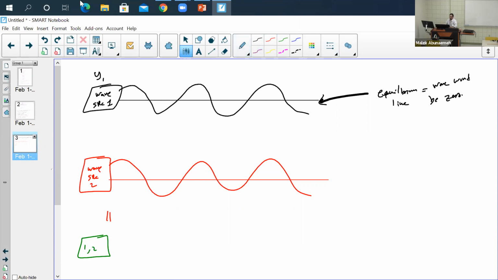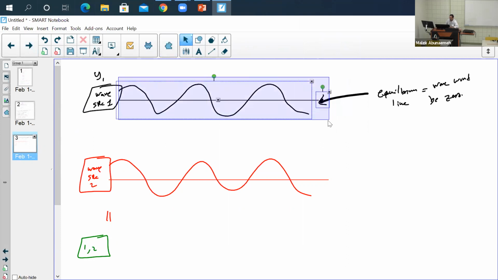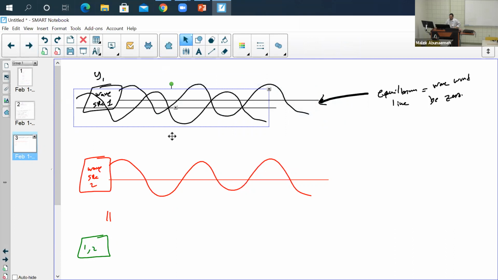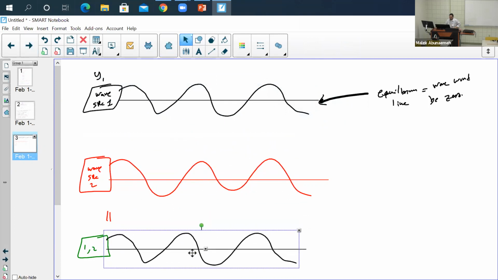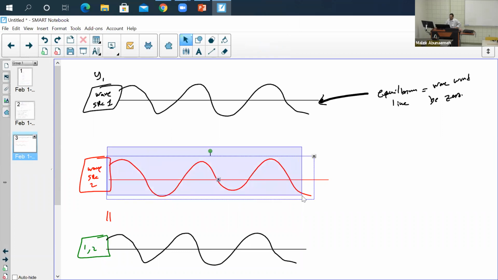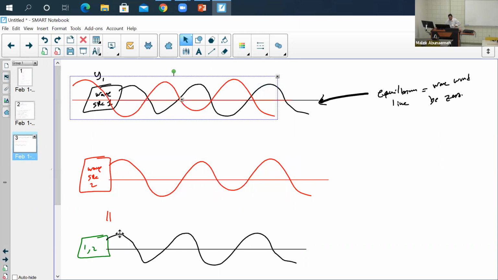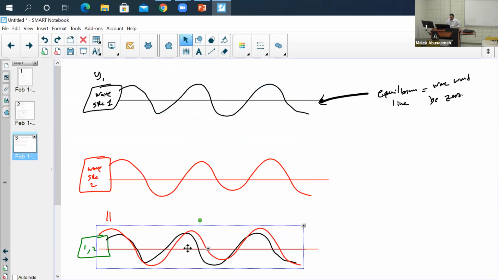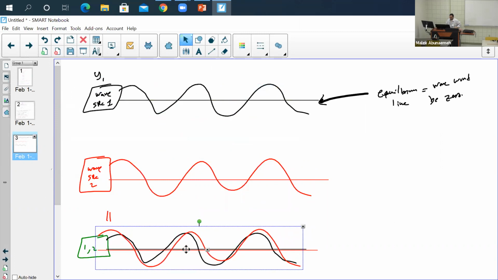Actually, let me copy it and paste it. So copy, let me just copy the first one. So this is your first one. And let's say you copy and paste the second one. So they are interfering. Now, I'm going to try to line them up.